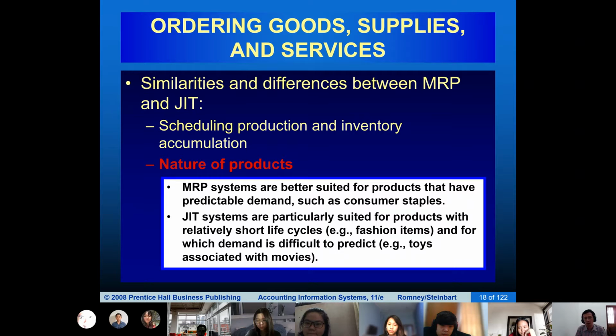If you look at cars or motorcycles, Japanese especially in Indonesia, they will change their design every year. So every year they need to change the products.